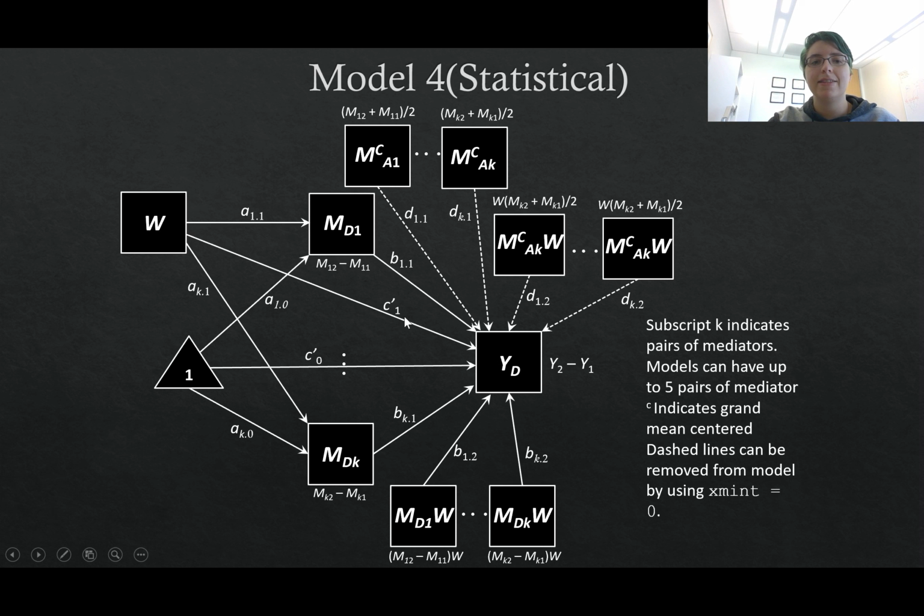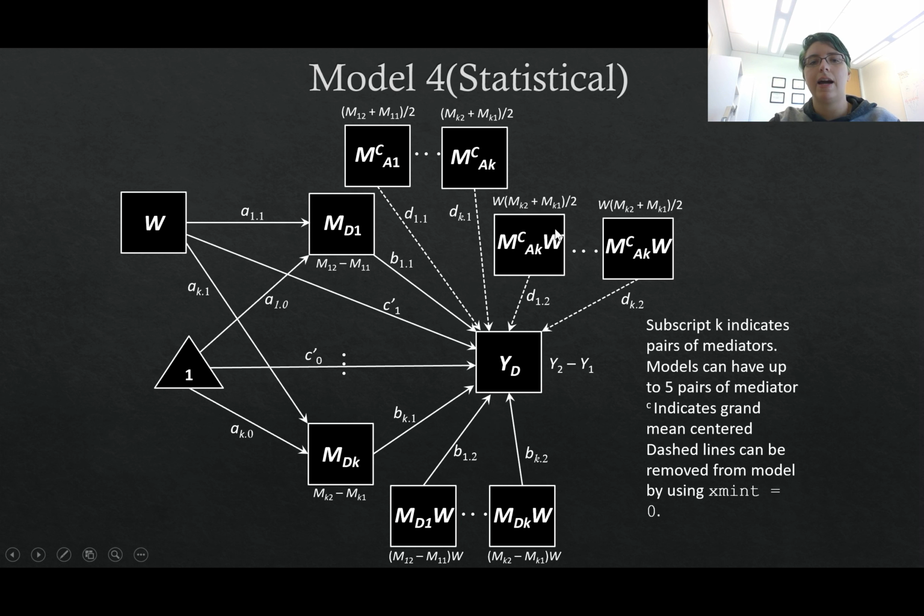For the B paths and the D paths, we include an interaction term. So here we have the interaction between W and the difference between the mediators. And this path is what is allowing the B path to be moderated.